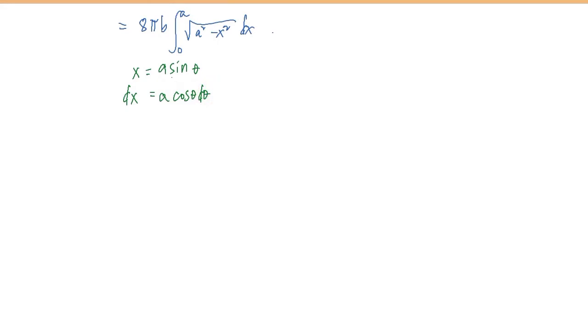So if we are going to substitute this in our equation, the a squared minus x squared would be equal to a squared cosine squared of theta.